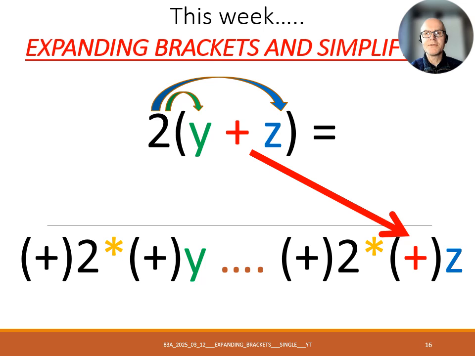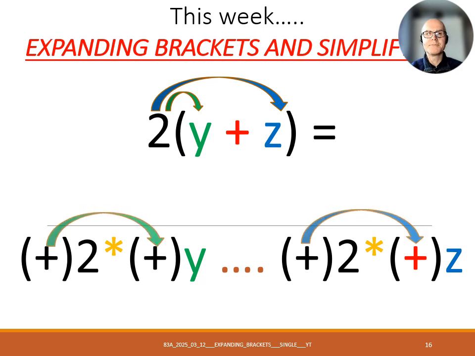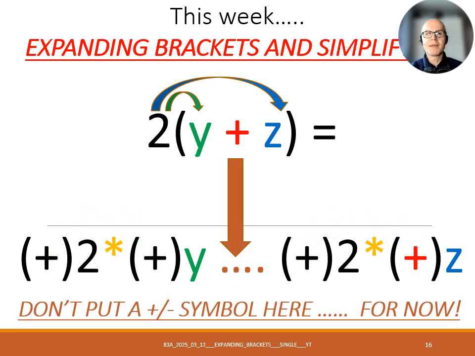Here's where the positive z comes from, the plus z inside the brackets. Positive 2 times positive y, split it, and positive 2 times positive z. Split this equation for now.